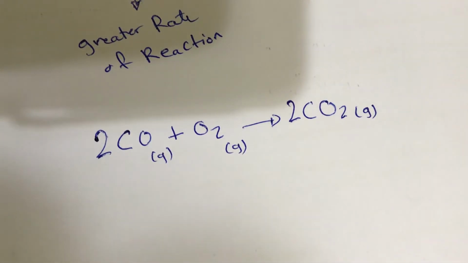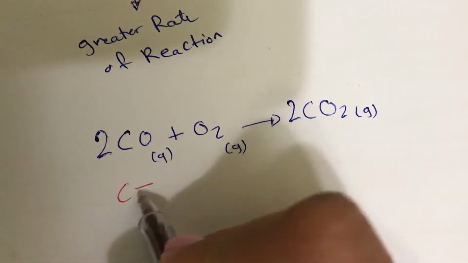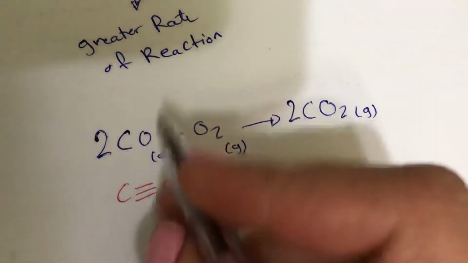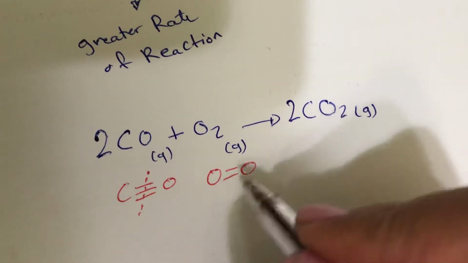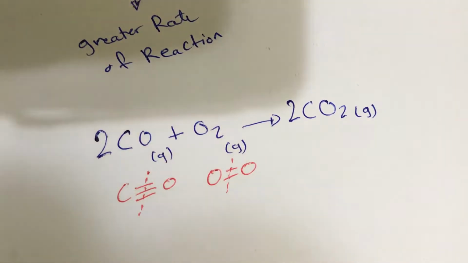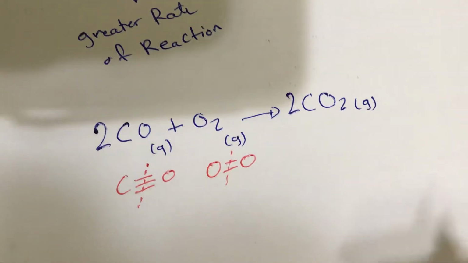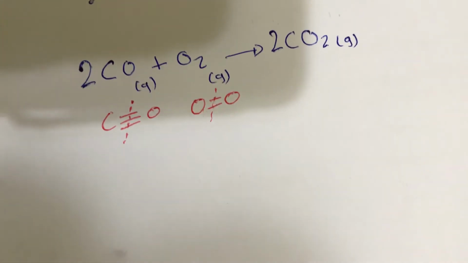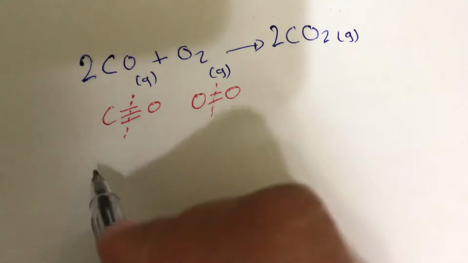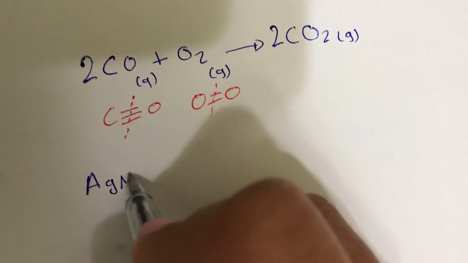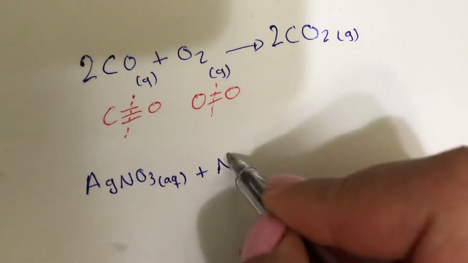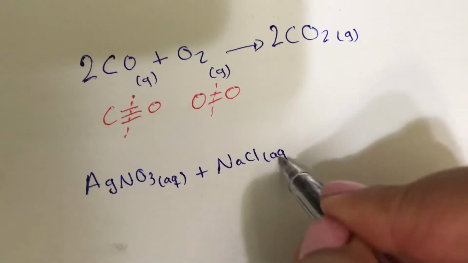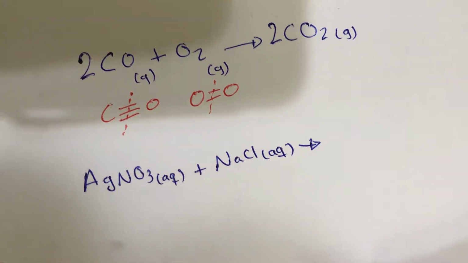So first here you have to break the bond between carbon monoxide and the bond between oxygen molecule, then the reaction occurs. But in ionic compound, for example, silver nitrate plus sodium chloride.